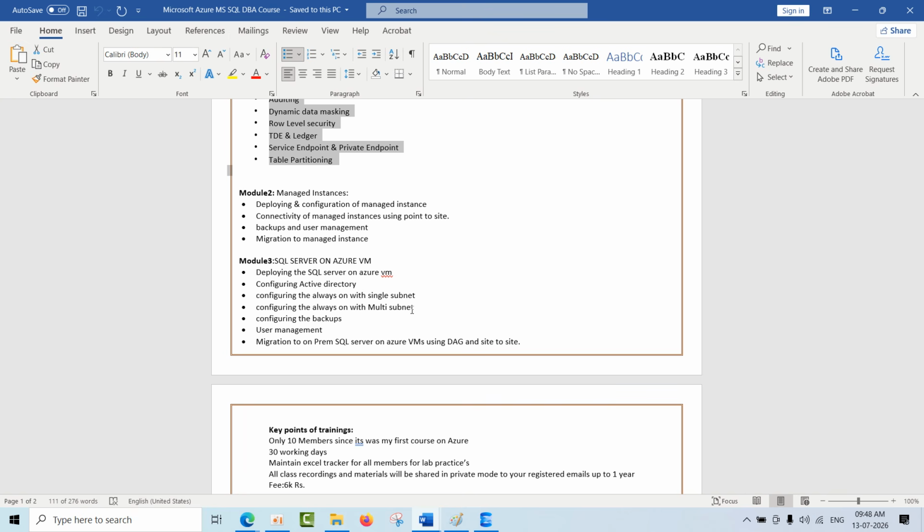But make sure that, for example, if you deploy a Hyperscale, it is going to charge 5,000 rupees per day. So whenever you do practice, better to stop the resources and delete them if they are not going to be used. Otherwise, they will come to you and say that you consumed this much money, and we are going to deduct it from your salary. So there could be chances like that.